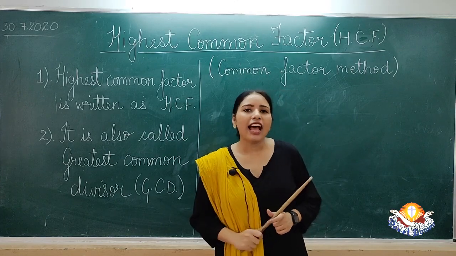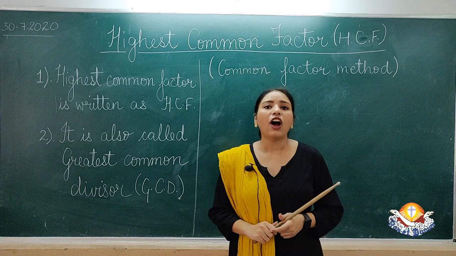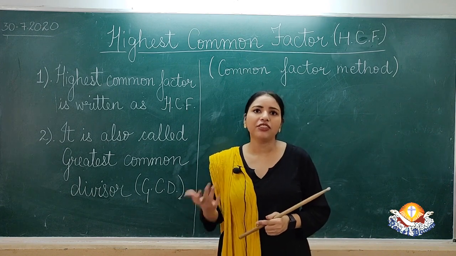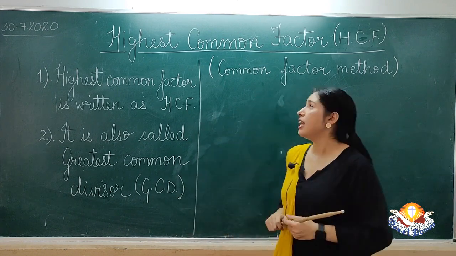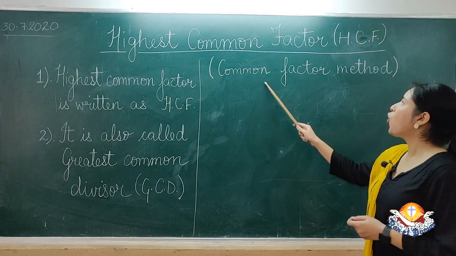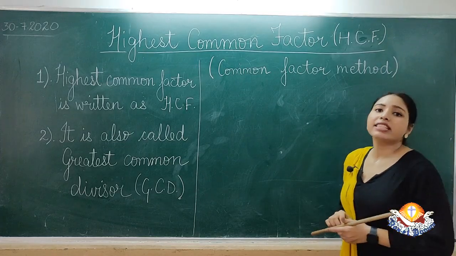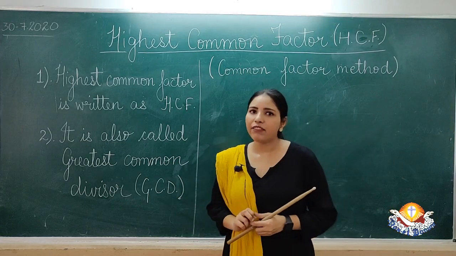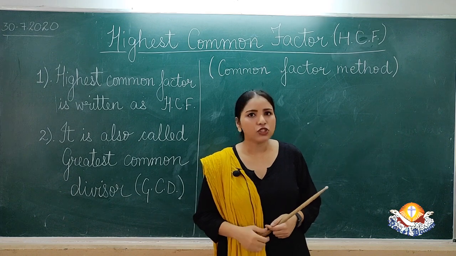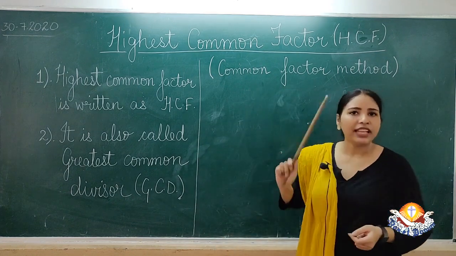Now children, as we have already studied common factors and have learned how to compute them, we are going to do the exercises based on the common factor method. So the exercises of the HCF sums which we are about to do will be based on the common factor method.